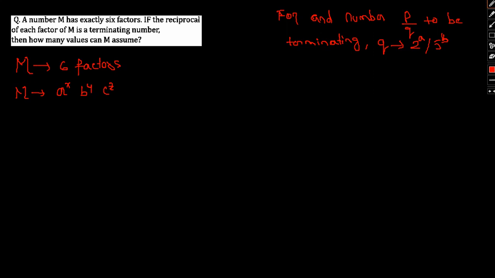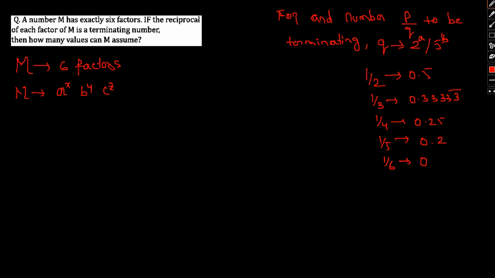Why? Let me give you a reason. Suppose I have 1 by 2, that is 0.5, a terminating decimal. 1 by 3 we have 0.3333 bar, non-terminating. 1 by 4 is 0.25, terminating decimal. 1 by 5 we have 0.2, terminating decimal. 1 by 6 is 0.16666 dot dot dot.